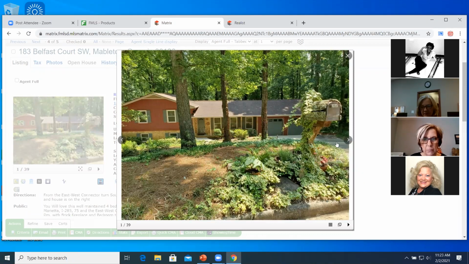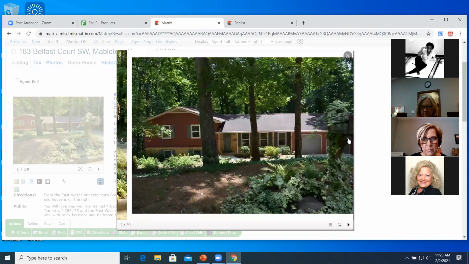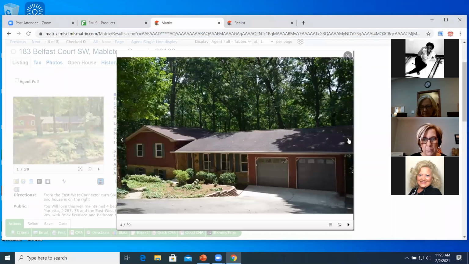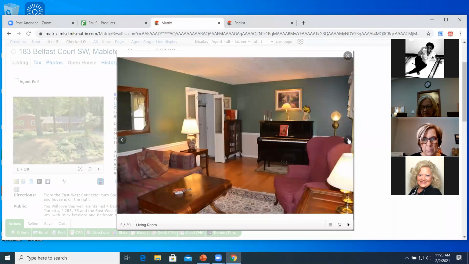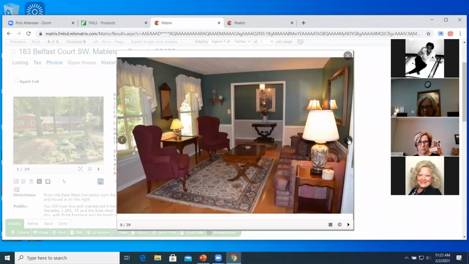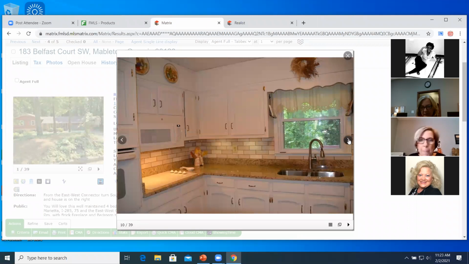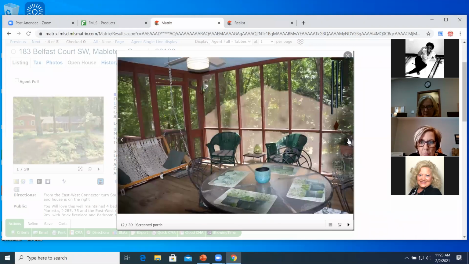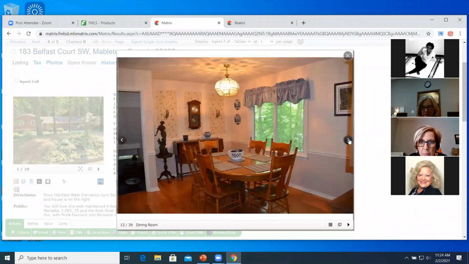If I can get it to. It's got granite countertops and tile backsplash, but the cabinets are still old. Screen porch.